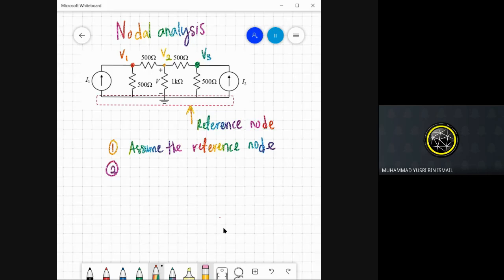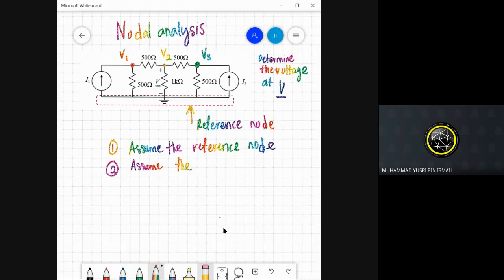This question needs you to determine the voltage at V. This is the first instruction, and the second instruction is to assume the node.